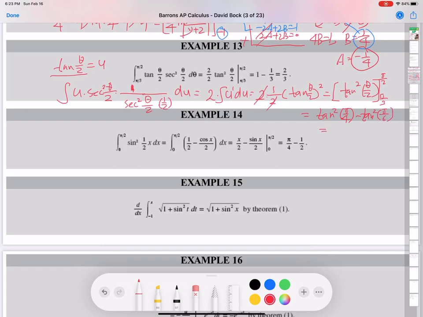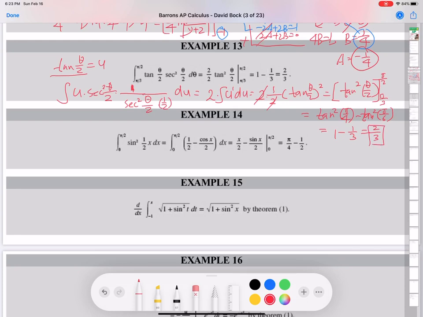Tangent pi over 4 is 1, and tangent pi over 6 is root 3 over 3. That squared is 1/3. So 1 minus 1/3 is 2/3. So 2/3 is the final answer.